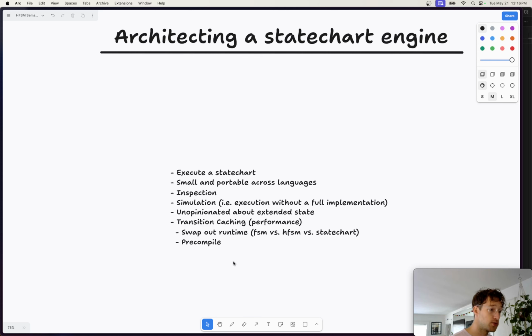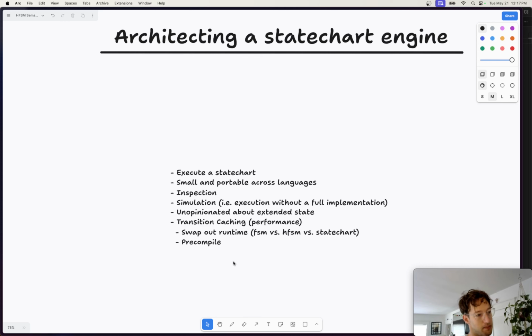The next thing is we want the state chart engine to be as small as possible, and we also want to design it in a way that's portable. Both of these things are important. The smaller it is, the easier it is to port between languages, maybe compile it to WASM. When we think about portability, we're thinking about whether we're depending on features in a certain implementation that can't be found in other languages.